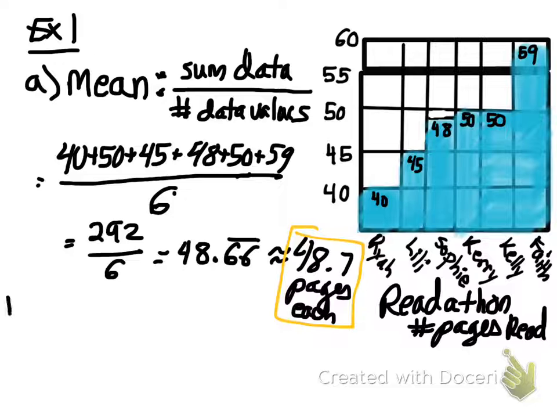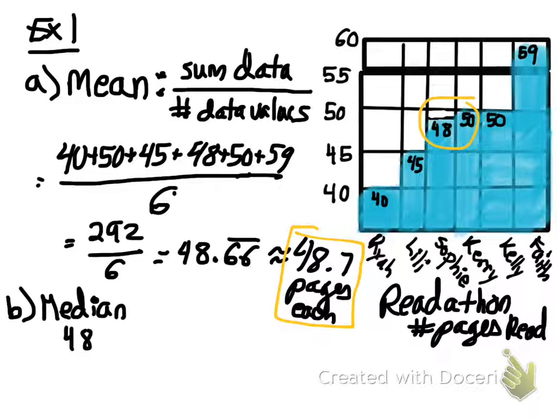We're going to go ahead and find the mode. Let's go ahead and do the median first. The median, remember, is the middle number of the data set. Well, my data is already going from 40, 45, 48, 50, 50, 59. It's already going in number order. So I'm going to find the median. My data is written in order. So my two middle numbers are the 48 and 50.